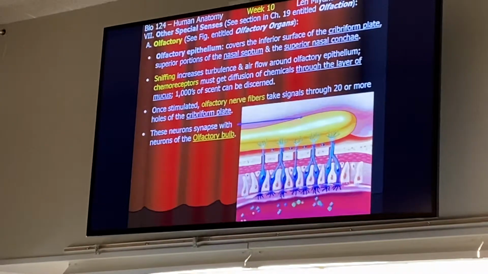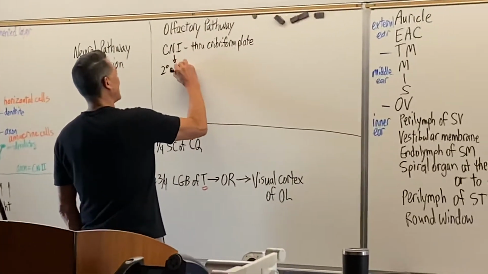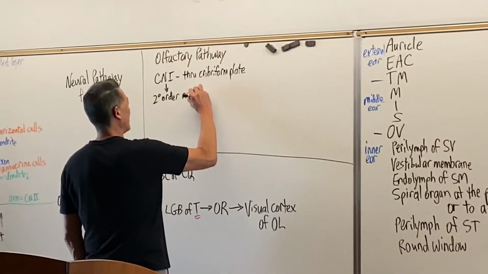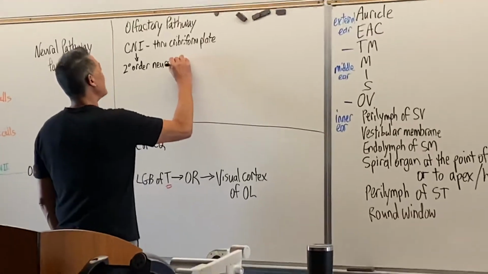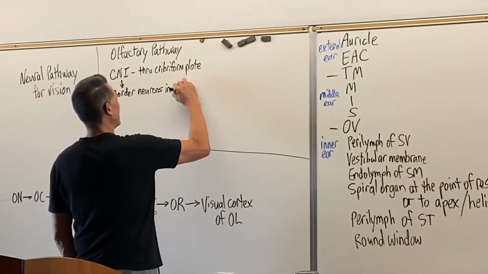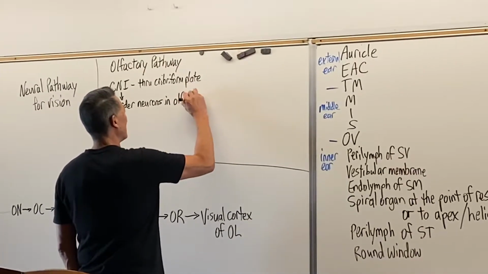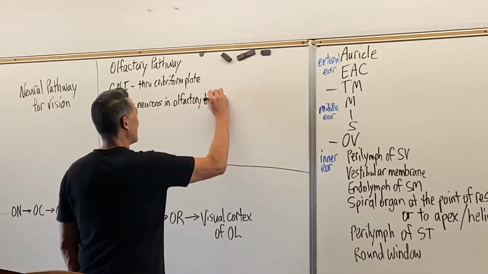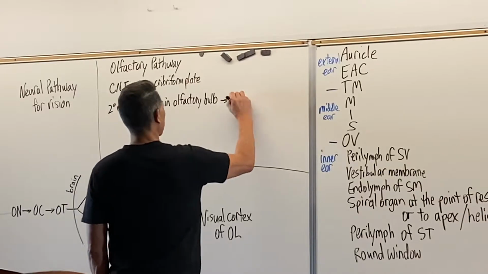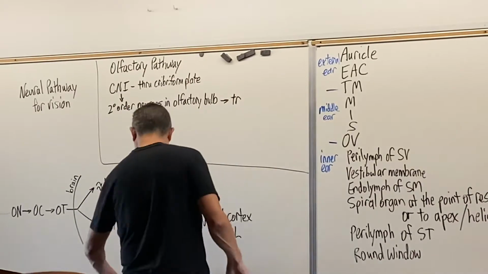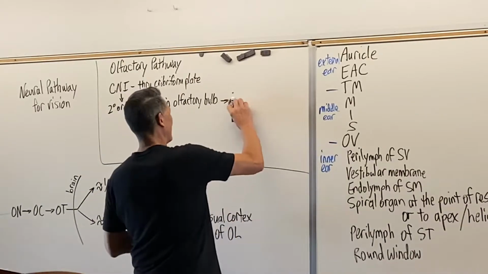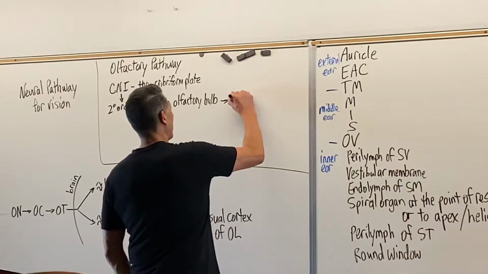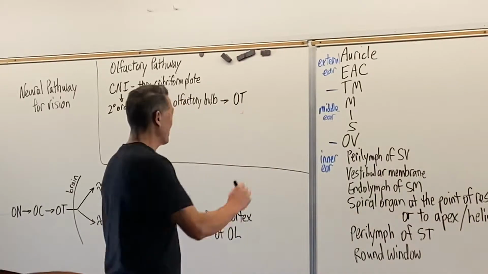So then it'll go from that to second order neurons, olfactory bulb, that's going to go to the tract. I'm going to use abbreviations. Olfactory tract, and that's what enters the brain.